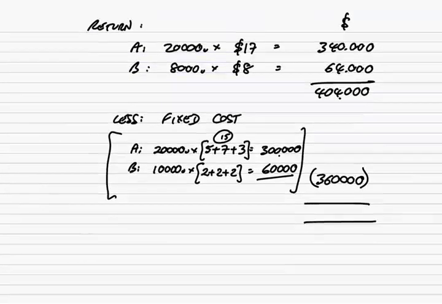And although with different levels of production the return would change, the fixed costs stay the same, and as a result our maximum profit this time is 44,000.